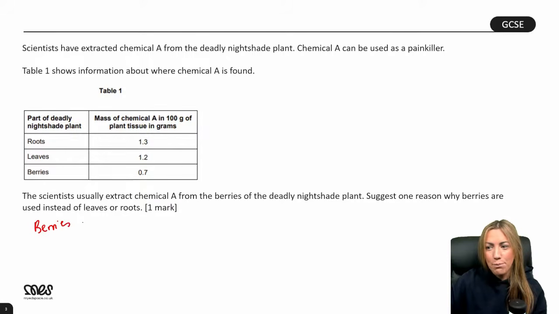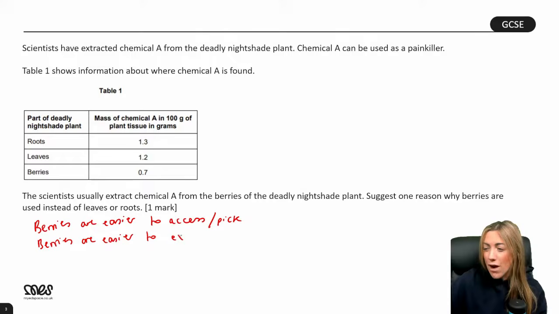For example, berries are easier to access, or berries are very easy to pick, and berries are easier to extract chemical A from, or taking berries is less likely to harm the plant.